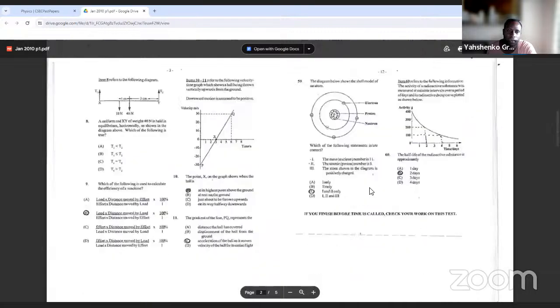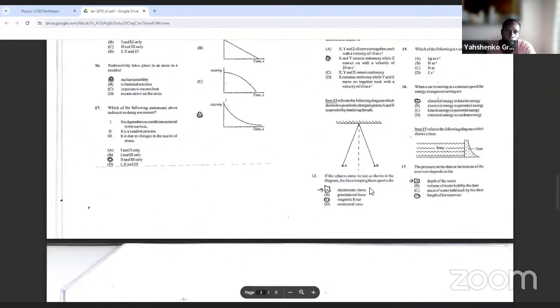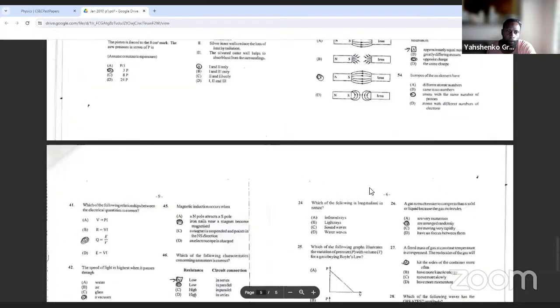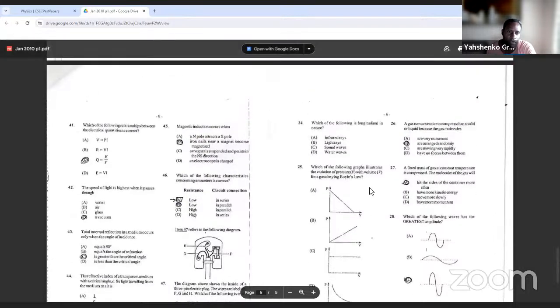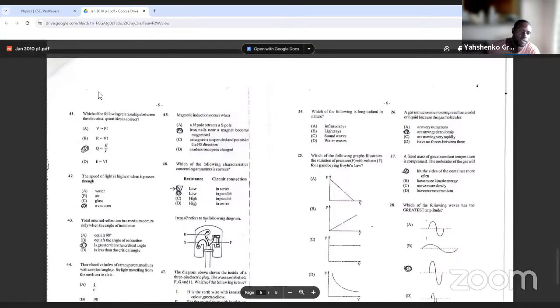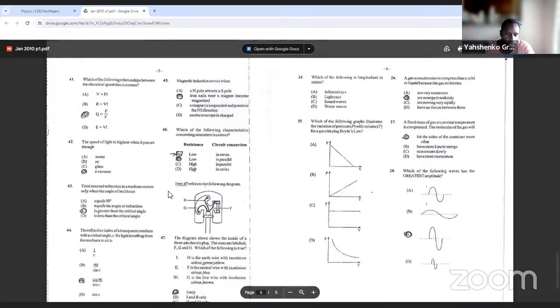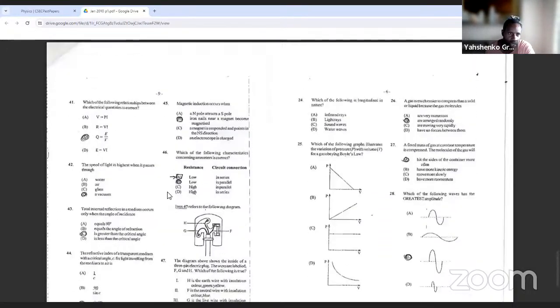All right, so here we go. Let's just take a few questions from here, the 41 to 44, and then we're going to take a look at what happens on the paper 2 type questions.